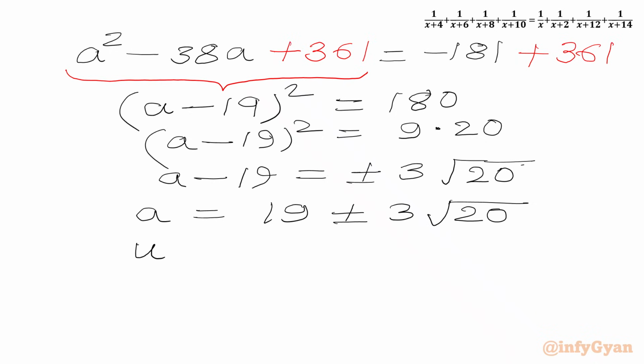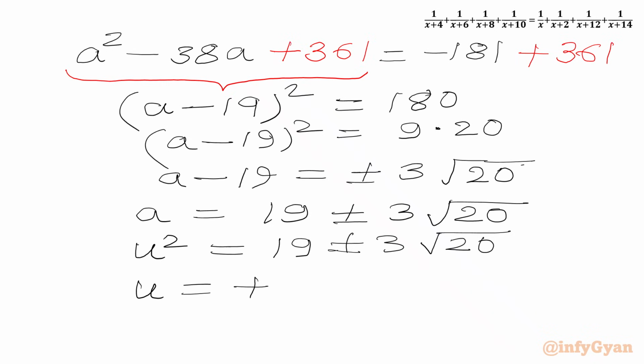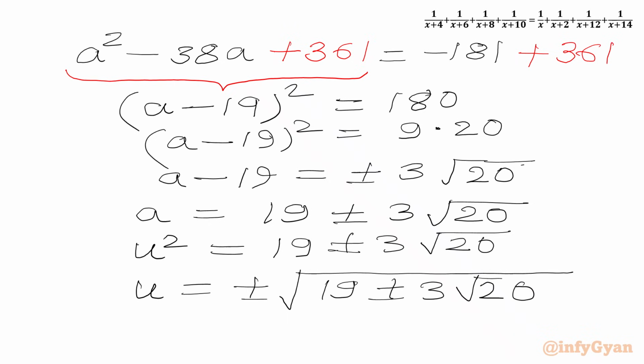I will write here u square equal to 19 plus minus 3 square root 20. Again, we have to take square root both sides. So we will get u value equal to plus minus square root of 19 plus minus 3 square root of 20.